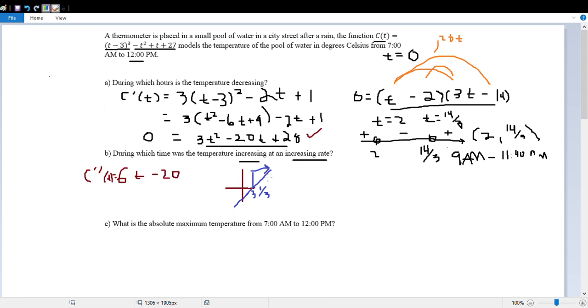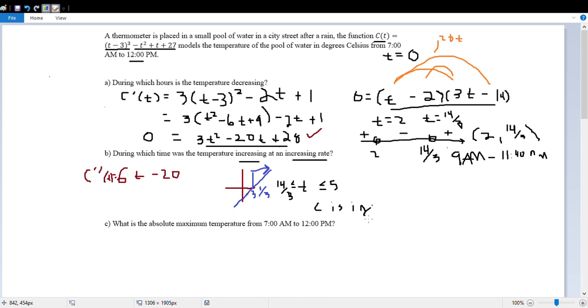So we're going to use that to answer our question and say, okay, that means that from t greater than or equal to, and I'll just write it like this, 14/3, up to our endpoint of 12, which is 5 hours away, we know that the temperature is increasing at a faster and faster rate.